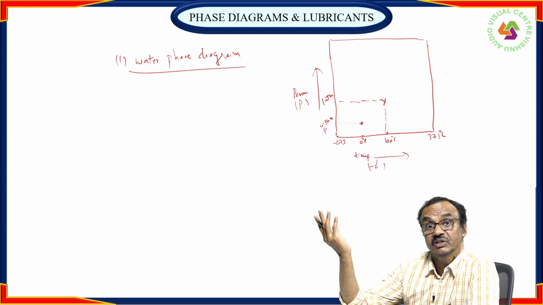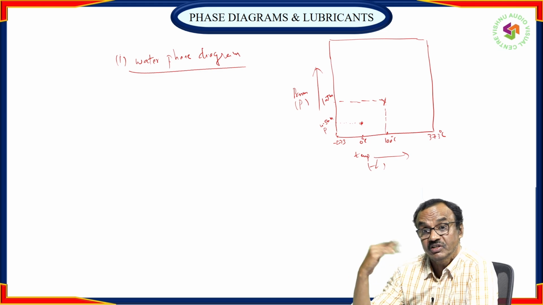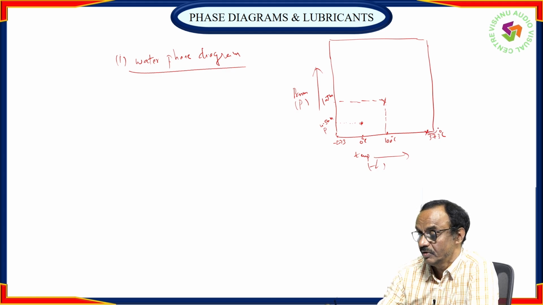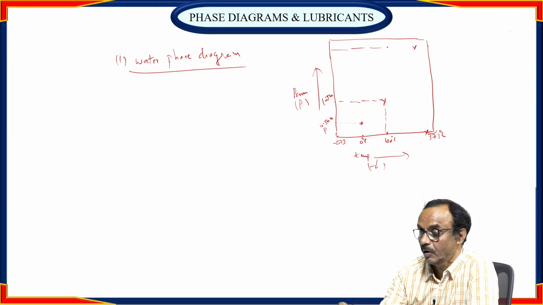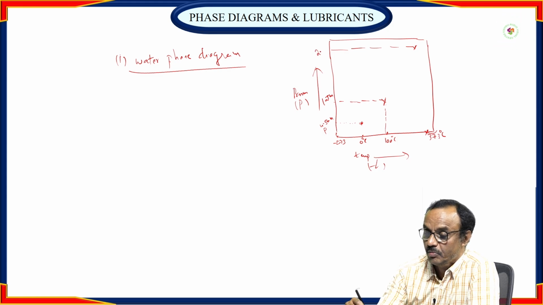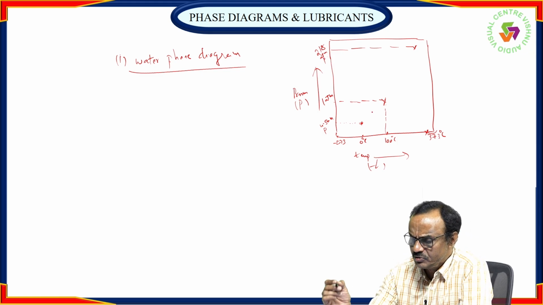After 373, only one phase exists, that is vapor. At this temperature, the pressure exerted is about 218 atmospheric pressure. Connect these points.